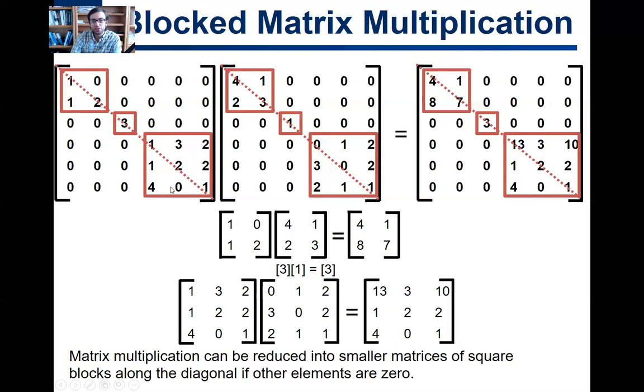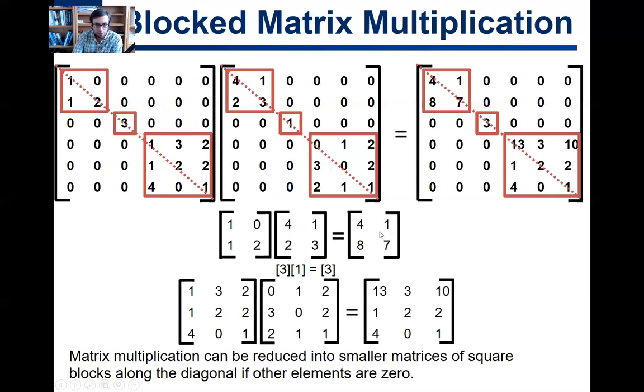What that allows you to do is, all the zeros dotted with the zeros are going to give you zeros. So all the zeros that aren't in your square diagonal matrices, those are going to be 0, right? And so now you broke this up into 3 much simpler problems where you have this 2 by 2 matrix, 1, 0, 1, 2, multiplied by 4, 1, 2, 3.